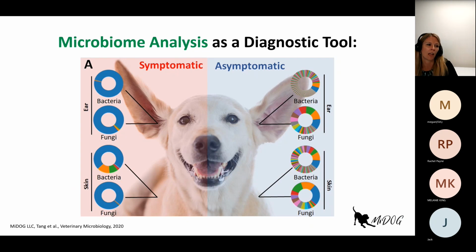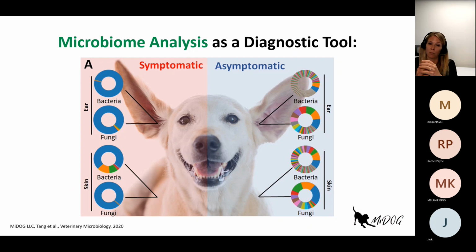And for this, we swabbed thousands of dogs that were either clinically healthy or asymptomatic or suffering from either otitis or dermatitis. And we saw that those dogs that were healthy had a large variety of different bacteria and different fungi in their ears and in their skin samples. So if we take all those different organisms we find and set that to 100%, that represents the entire donut here.